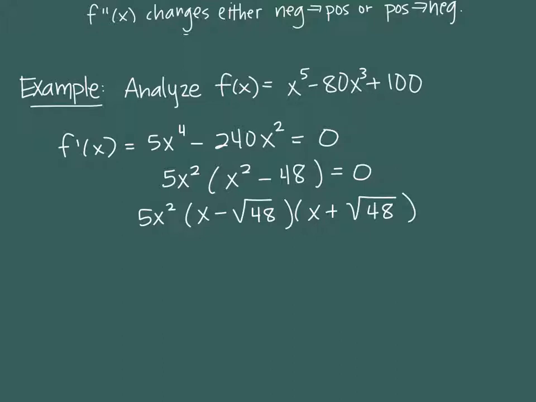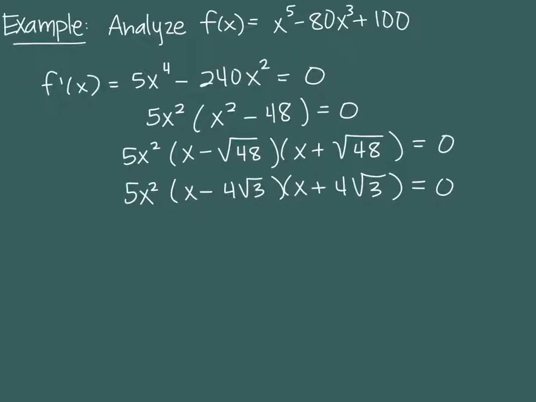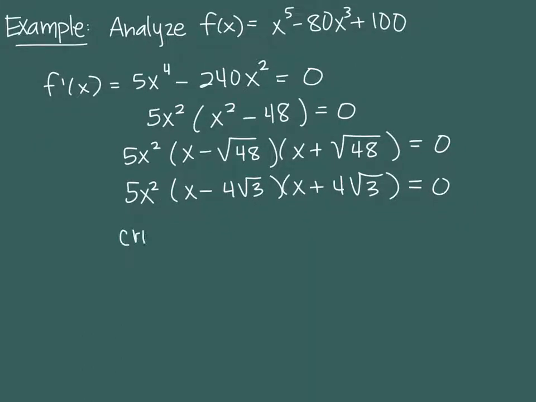The square root of 48 can be simplified because it's got a 16 in it. So this will be x minus 4 rad 3 and x plus 4 rad 3. And so my critical points are 0 and plus or minus 4 rad 3.